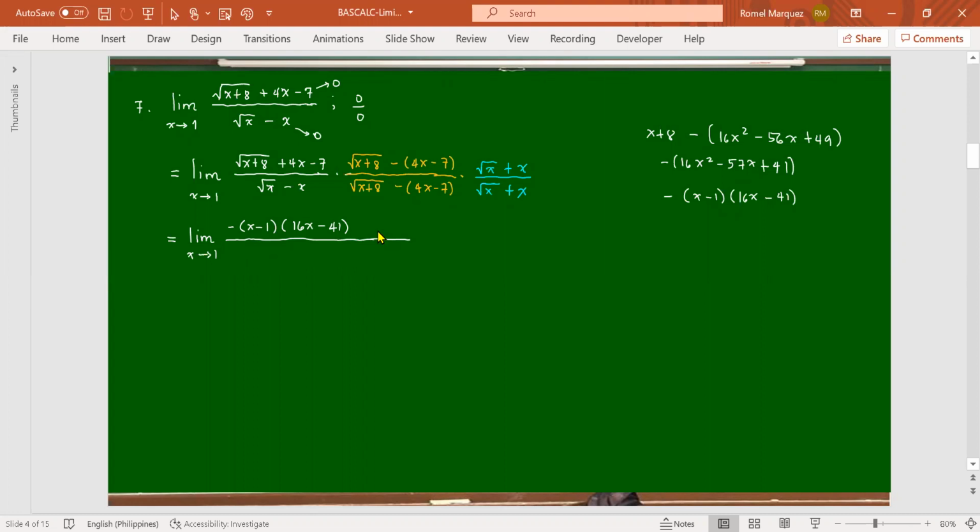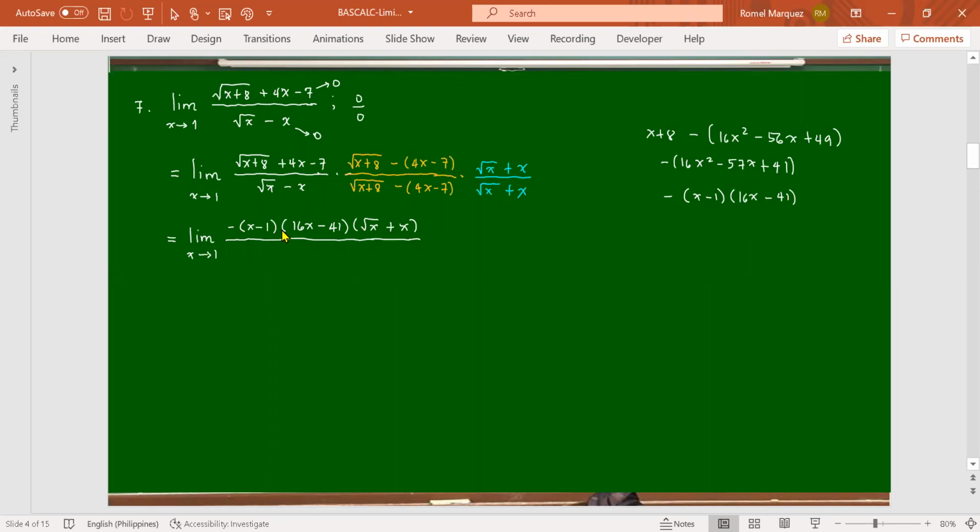Tama po. Okay na, guys? Negative 16, negative 41, 57 yon. 56 ba? O sobra ako? 57 po. Tama, 57, di ba? Negative naman yung loob. Okay, tama.